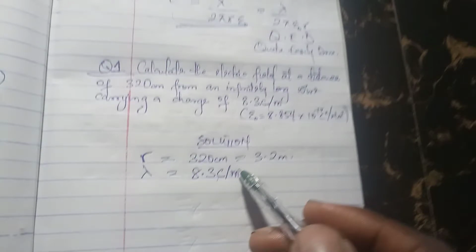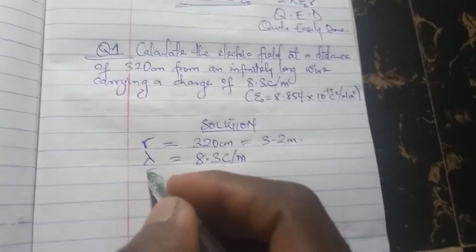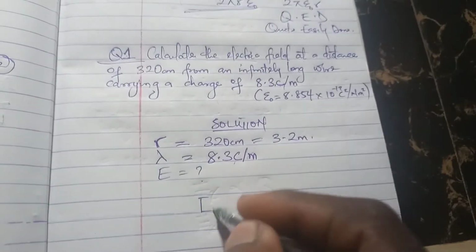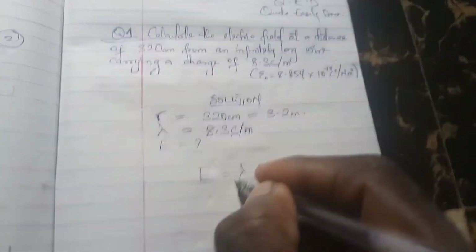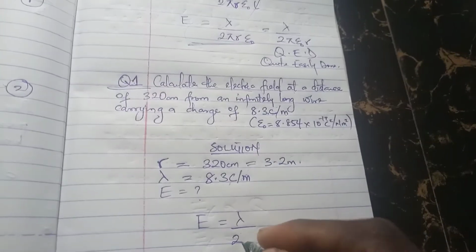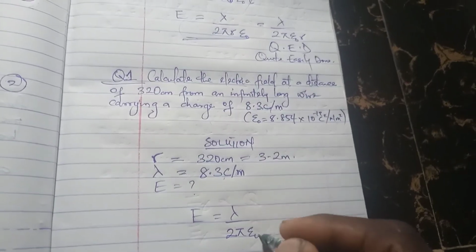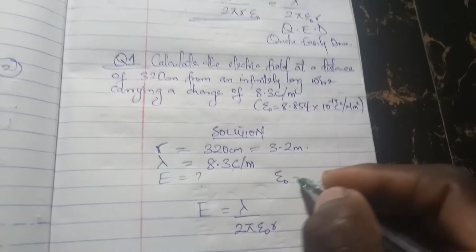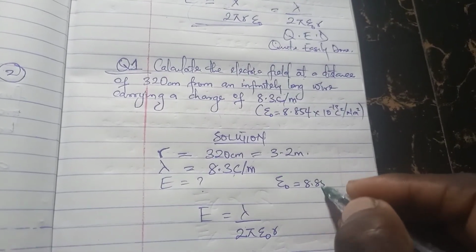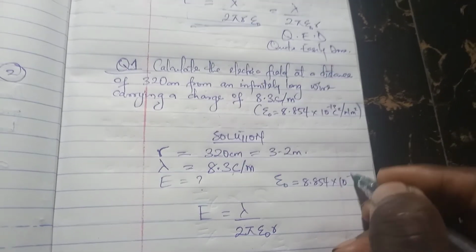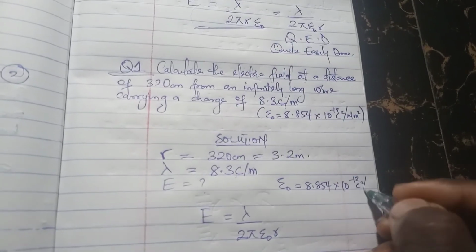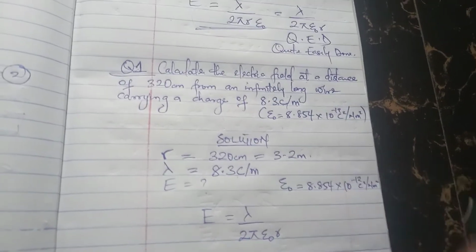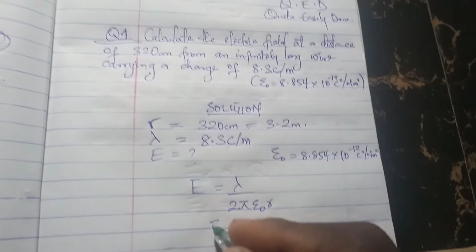So you have these two parameters, and we're asked to calculate the electric field. Making reference back to our formula, we have electric field equals lambda over 2 pi E naught R. Now we're given E naught as a constant already: 8.854 times 10 raised to power minus 12 coulomb square per Newton meter square. Now put everything in.